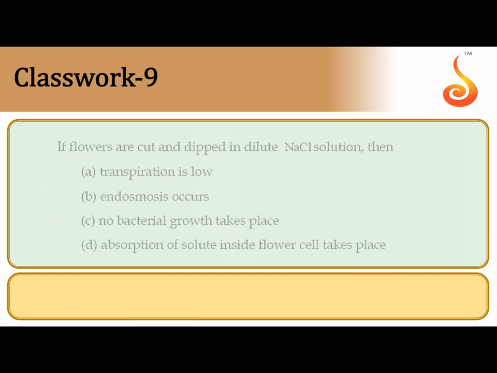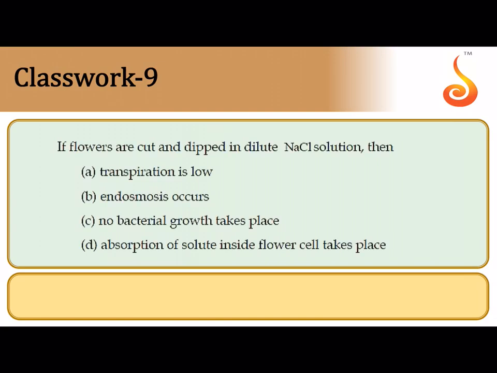If flowers are cut and dipped in dilute NaCl solution, it is not a concentrated solution, so it can be considered hypotonic in comparison to the cell of the flower. Say this is the nucleus of the cell and this is the vacuole. Inside the cell, the conditions are hypertonic in comparison to the outside. So what can you expect?